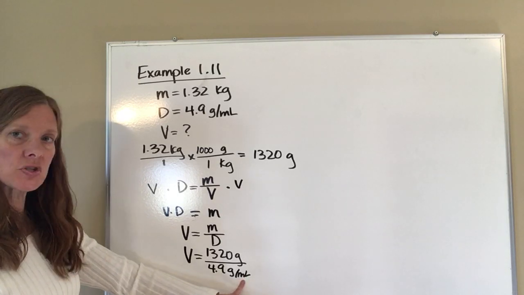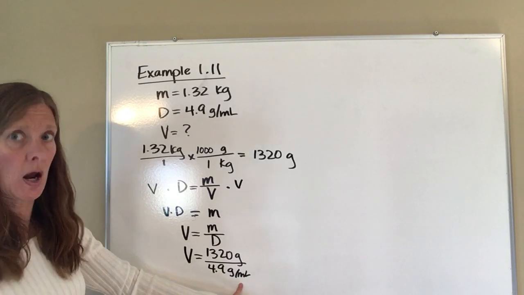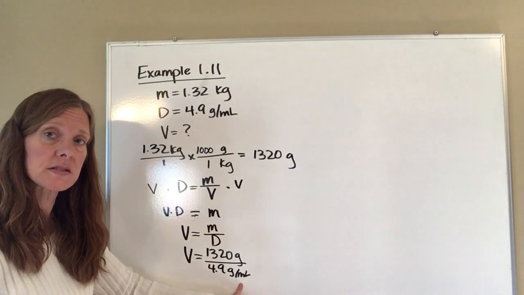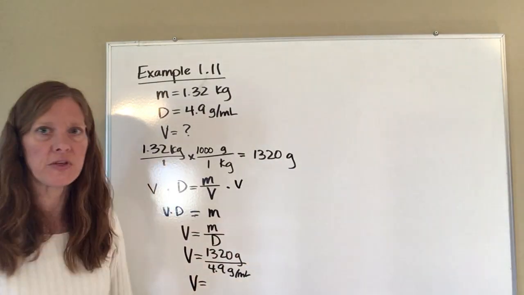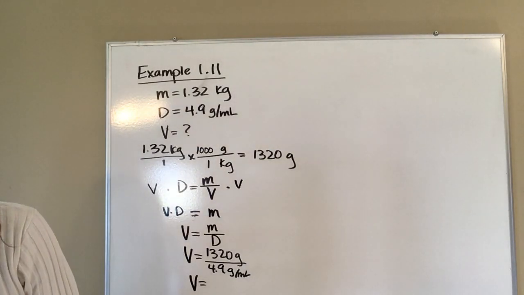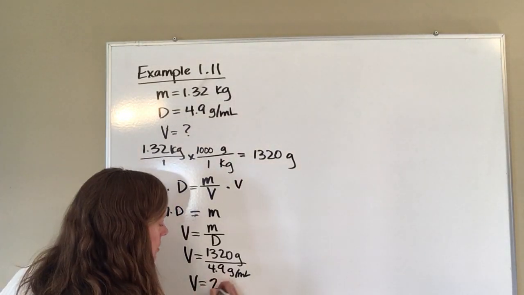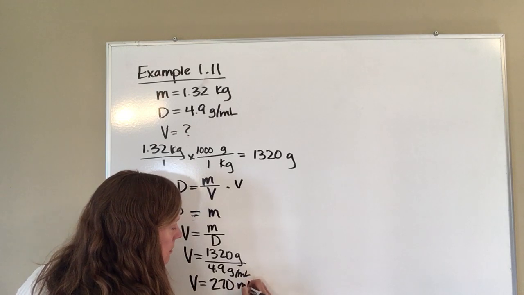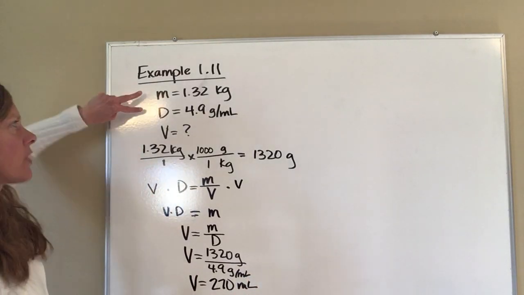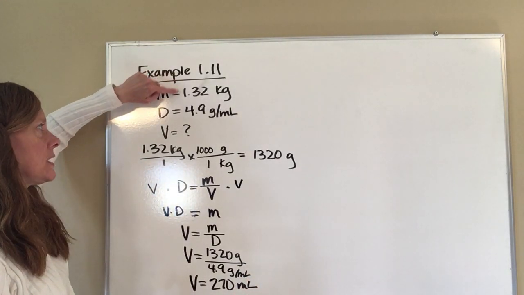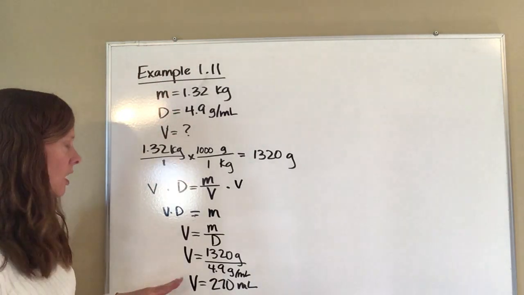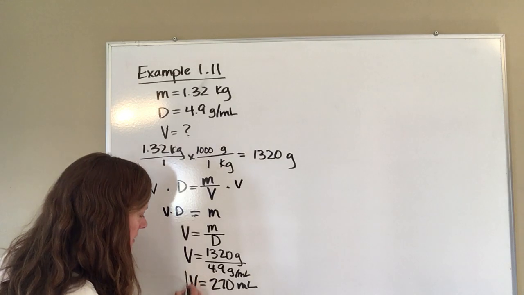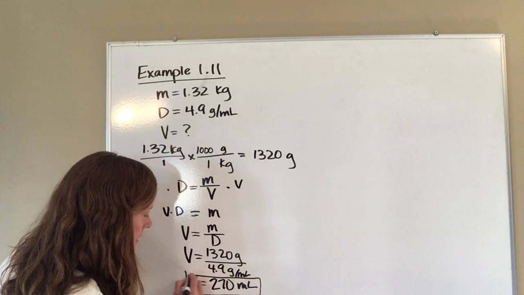The milliliters is in the denominator, so it's in the denominator twice, which causes it to flip to the numerator. And the volume then is going to be equal to 270 milliliters. Notice as far as significant figures goes, I have 3 here and I have 2 here. Everything I'm doing is multiplication and division, so my final answer needs to have 2 significant figures in it.